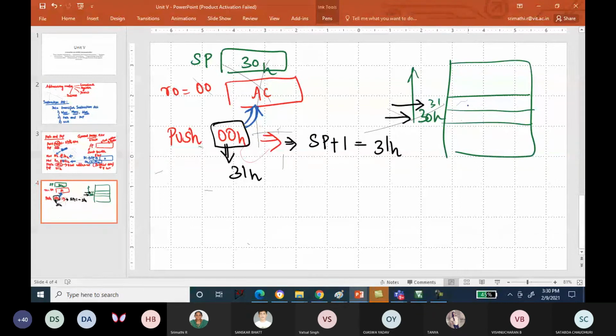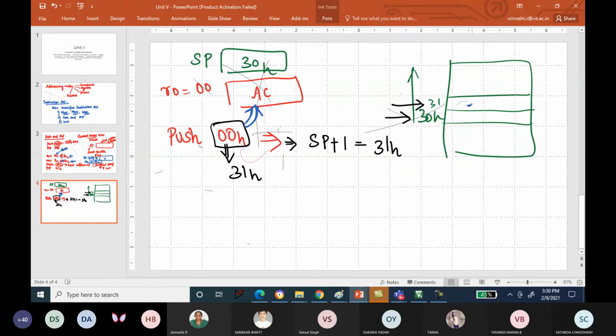I repeat, push 00H is nothing but whatever value is available in 00H, push it onto the stack. Before pushing the value, your stack pointer will be incremented by 1.